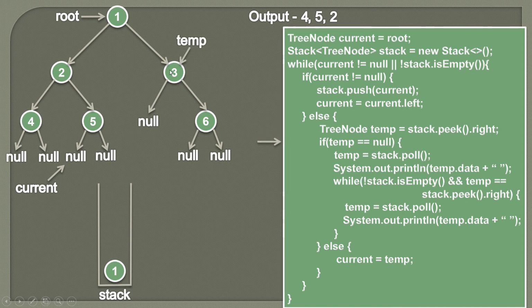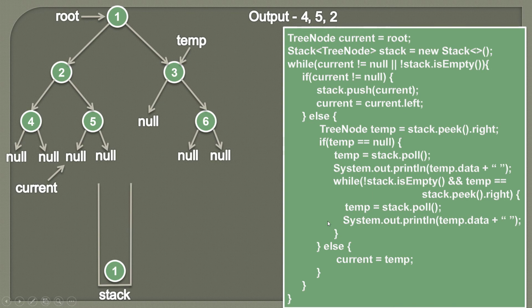Moving ahead, we check whether temp is equal to null or not. So temp is not equal to null. So this condition comes out to be false. If this condition would have come out to be true and temp would have pointed to null, then we could have visited this node directly. But as temp is not equal to null, there can be a possibility that this node can have left or right children.